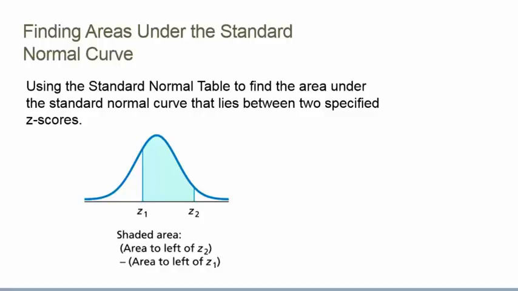There is a line from the axis to the curve at z1 and another line from the axis to the curve at z2. The area between those two lines is shaded. Using the values from the table to find the shaded area, it's the area to the left of z2 minus the area to the left of z1.